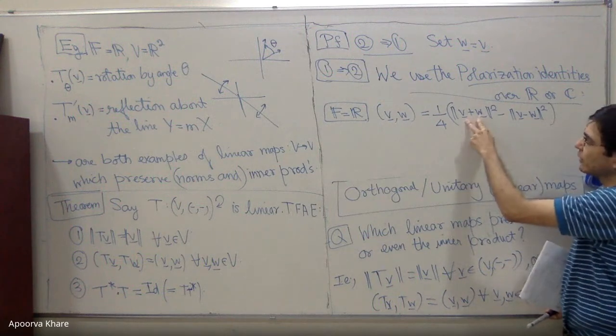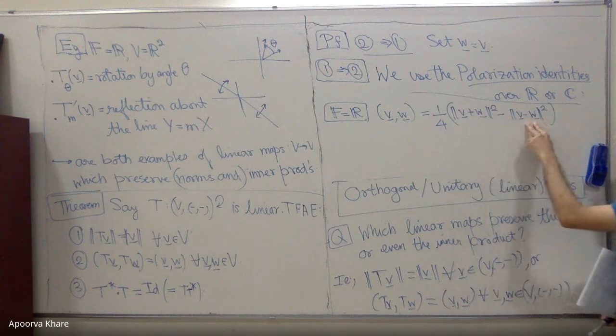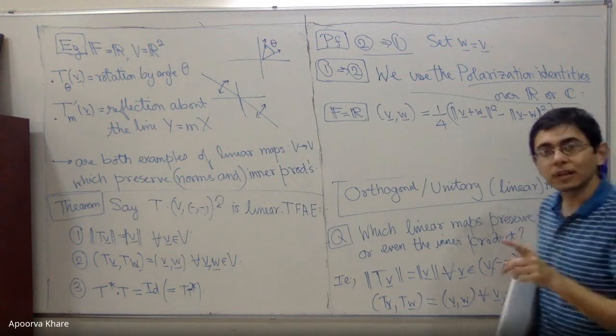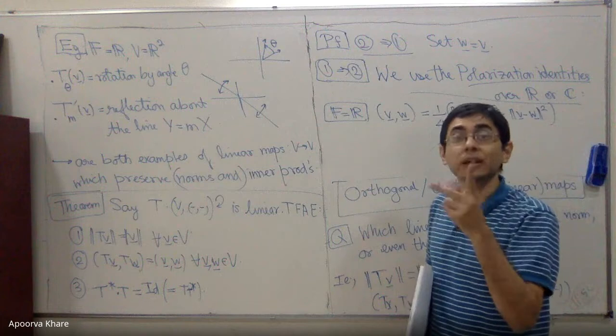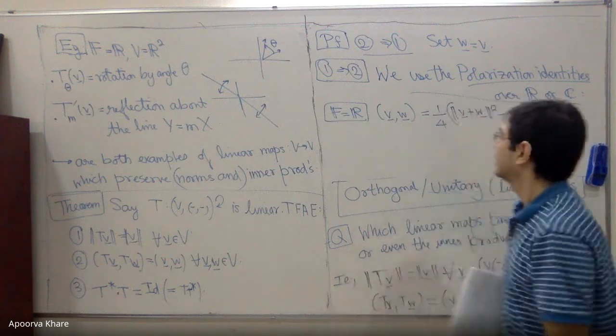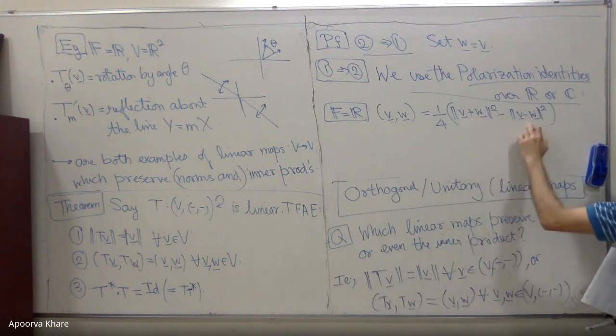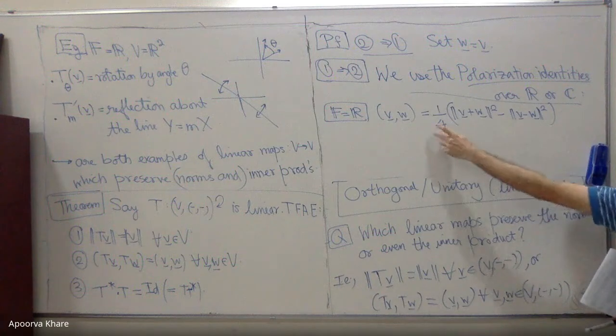Here you get inner product VW plus inner product WV. Here you get minus inner product VW minus inner product WV. But because this is over real numbers, VW and WV are the same because there is no conjugate. So you get plus 4AB divided by 4.